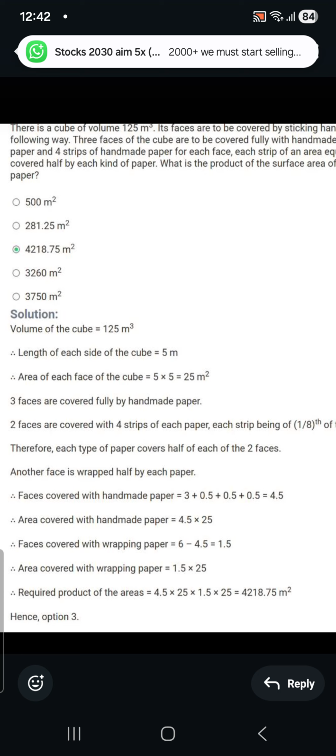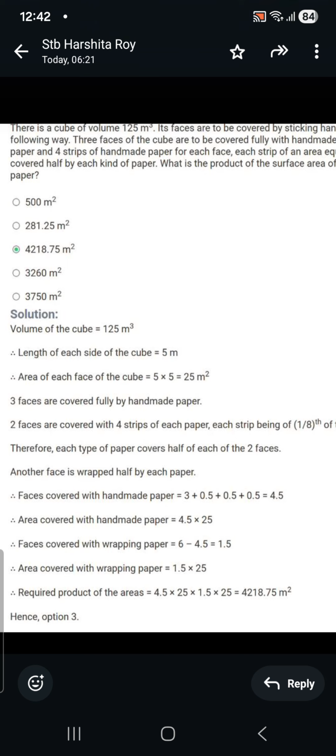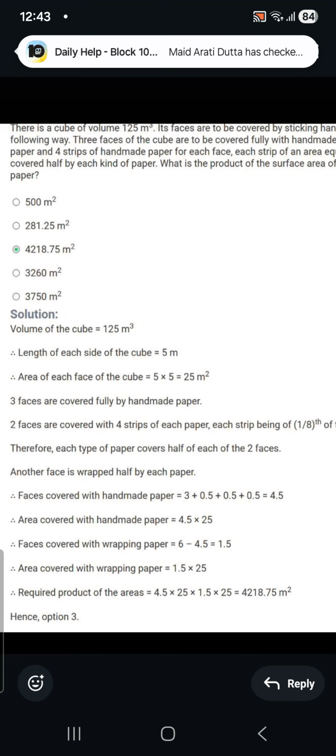Now the area covered by the handmade paper will be 4.5 faces into 25 units each, 4.5 into 25. And the area covered with wrapping paper will be 1.5 faces into 25 units each.